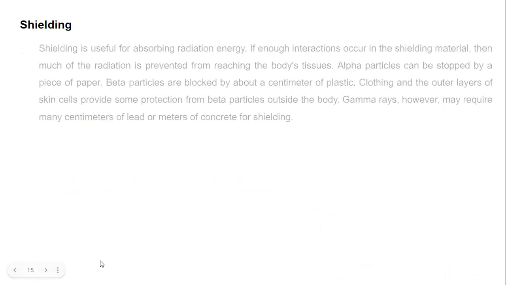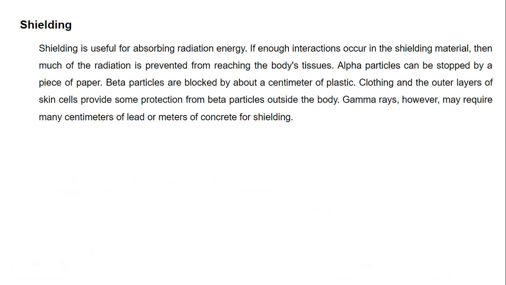Next is shielding. Shielding is useful for absorbing radiation energy if enough interactions occur in the shielding material. Then much of the radiation is prevented from reaching the body's tissue. Alpha particles can be stopped by a piece of paper, and beta particles are blocked by about a centimeter of plastic. Clothing and outer layers of skin cells provide some protection from beta particles outside the body.